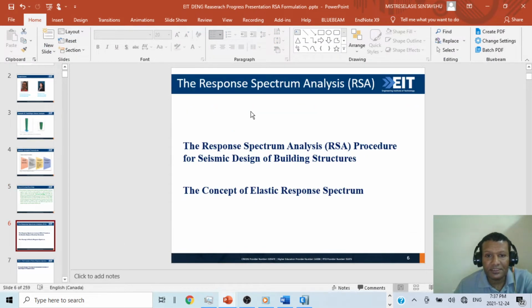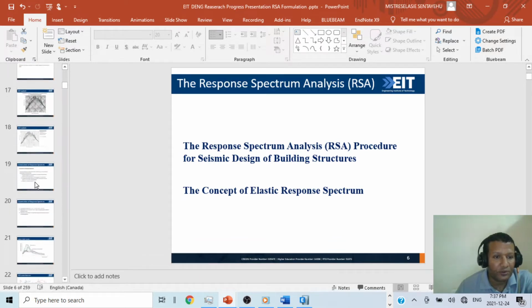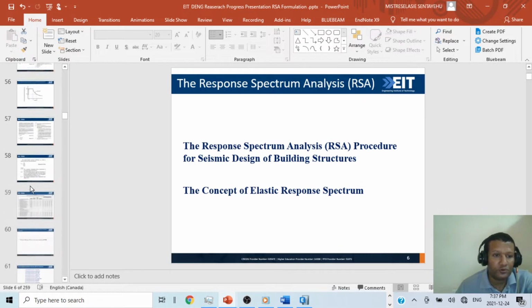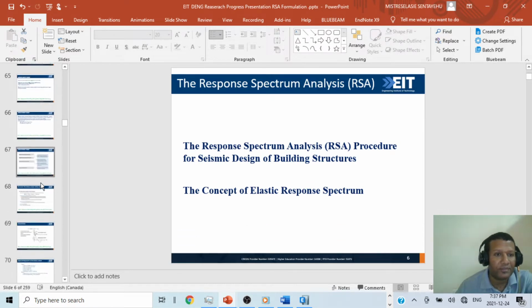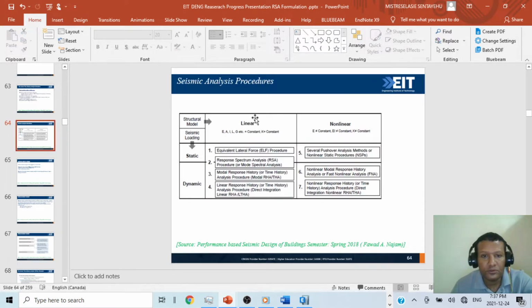So this is a gap; response spectrum, everything was completed. So let me go directly to today's session. Just to remind you what I am going to do: we have the structural model, we have linear model, non-linear model. As I showed you, our model is already non-linear.